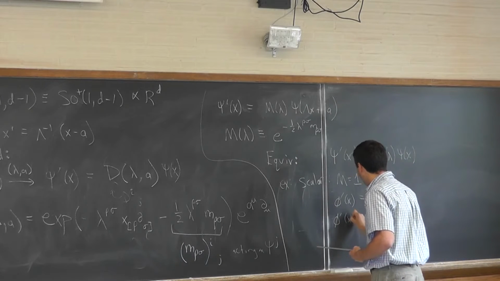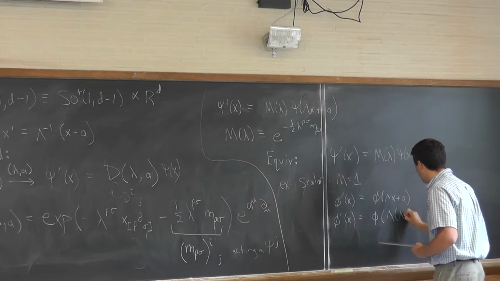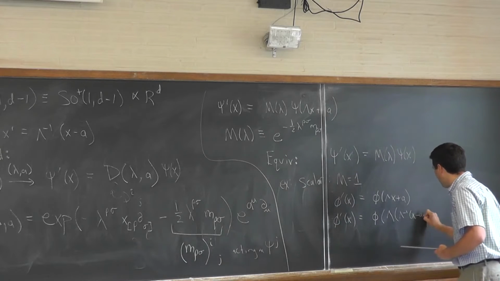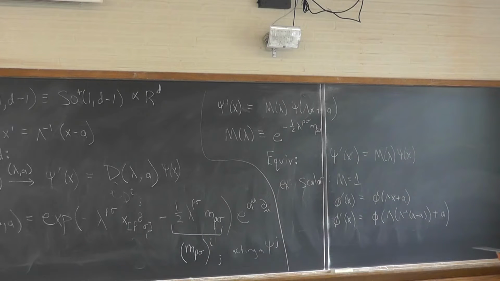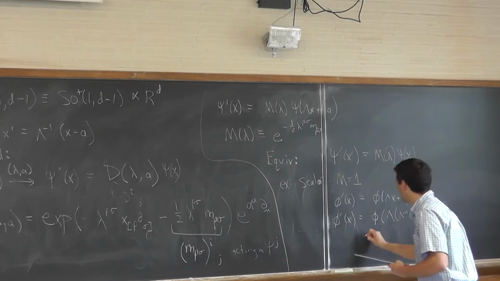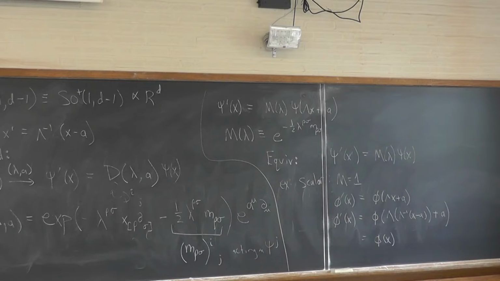And then phi prime of x prime is phi of lambda inverse (x minus a) plus a, which is phi of x, so I think I did it right.